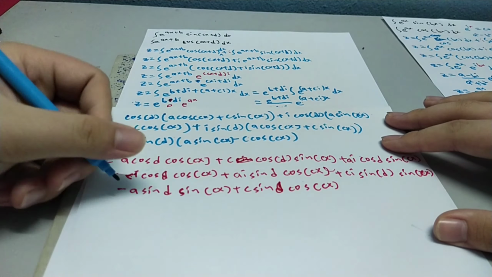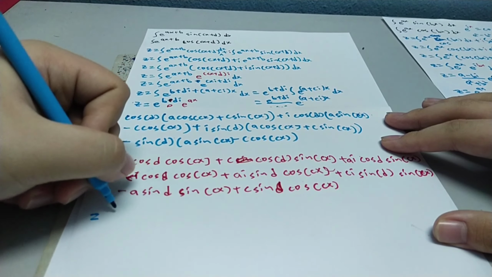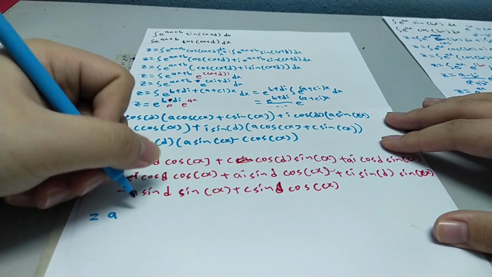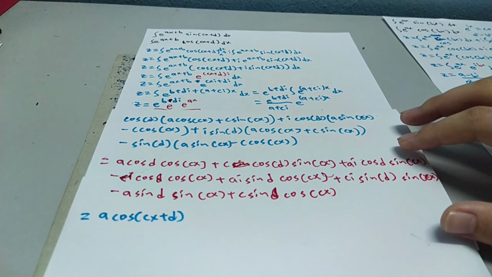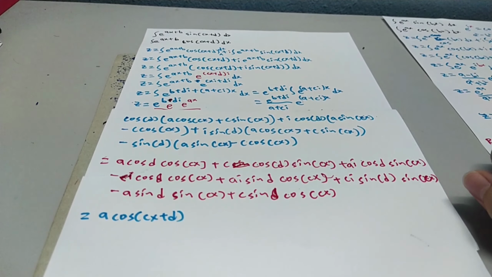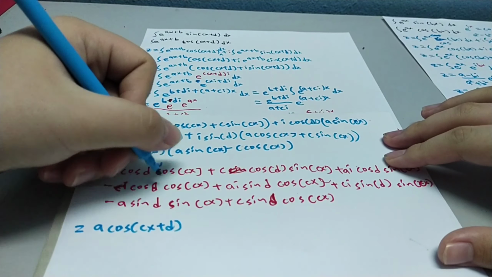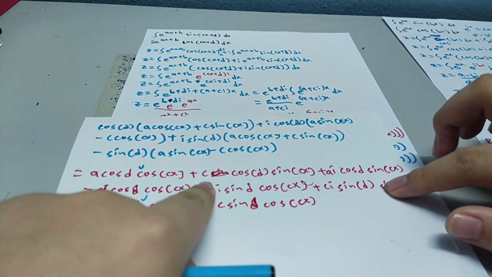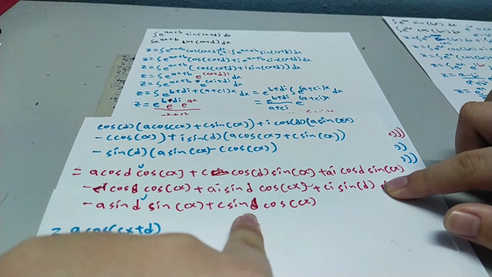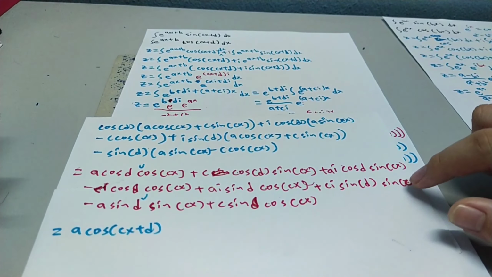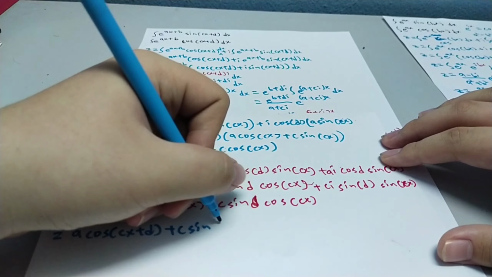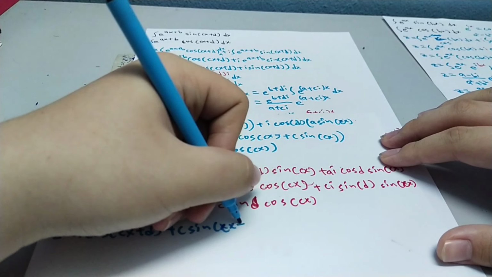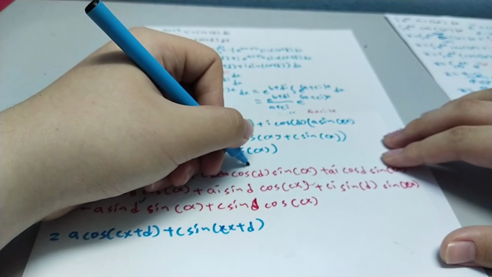That's the same as a times cosine of cx plus d, because remember the trigonometric sum and difference formula. Then c times cosine and sine, c times sine and cosine, that's equal to c times sine of cx plus d. So we are also done with this one.